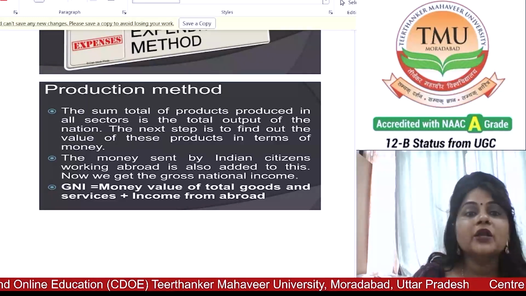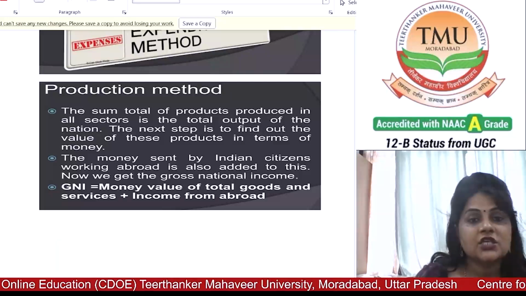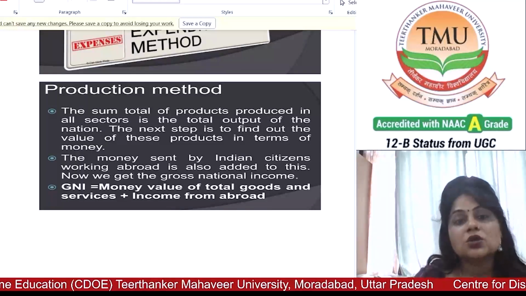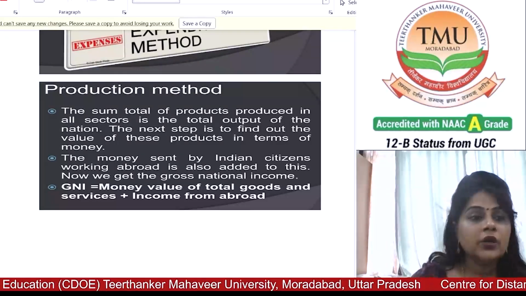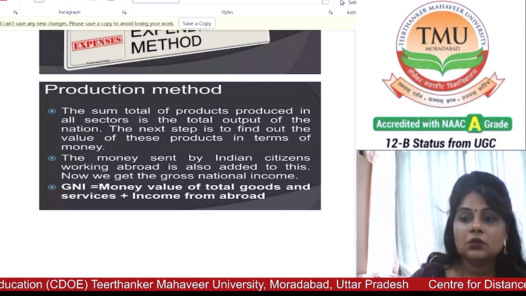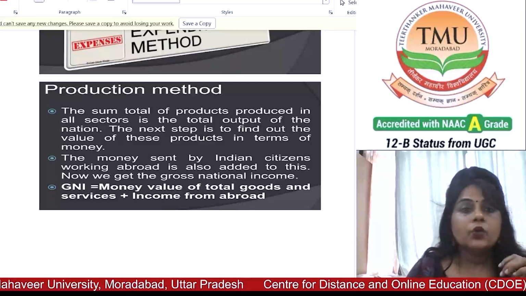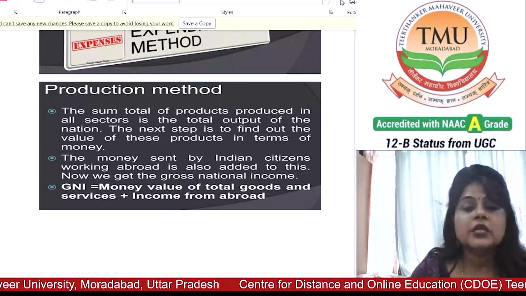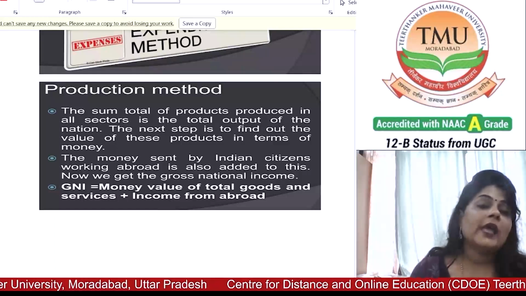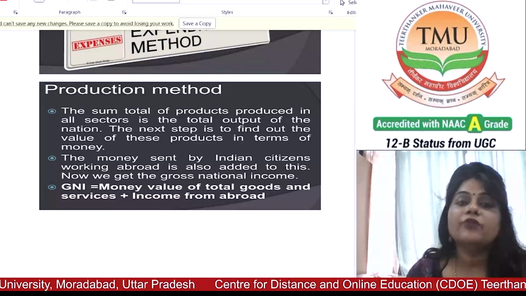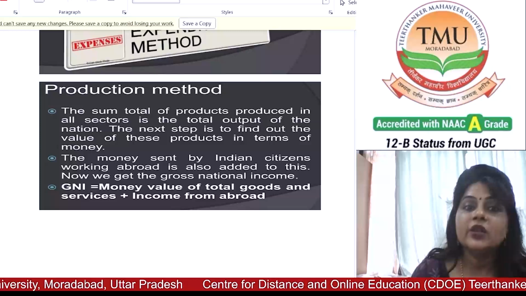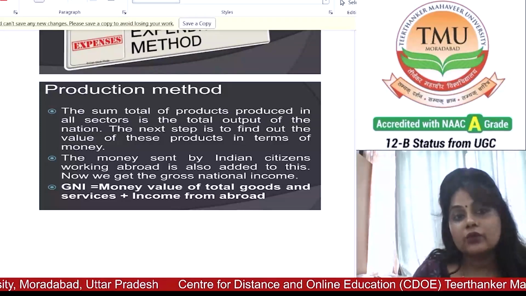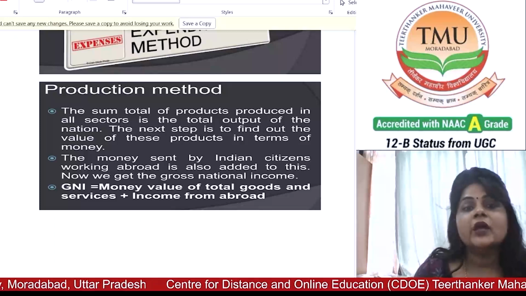When the value of a product is calculated at each stage of production, it is more likely to add the cost of input more than once. This situation leads to double counting. While calculating national income, the problem of double counting occurs when the value of intermediate goods is also included with the value of final products.